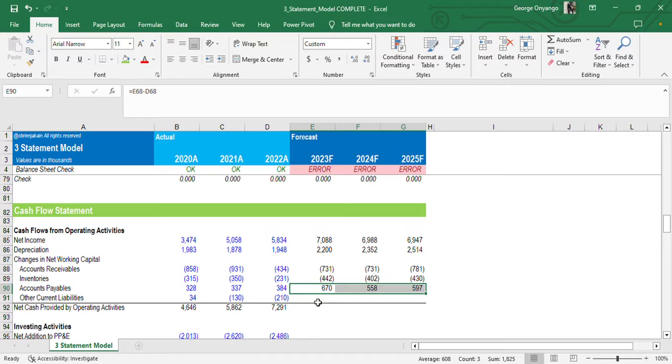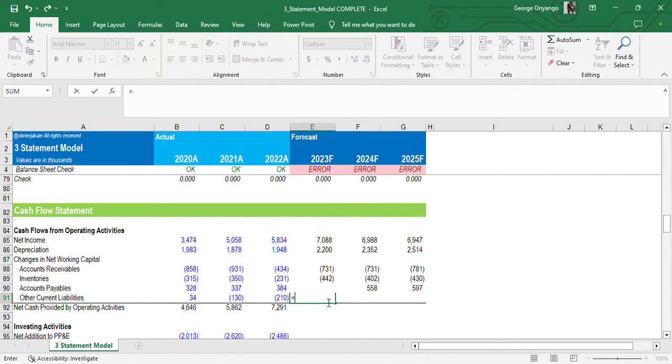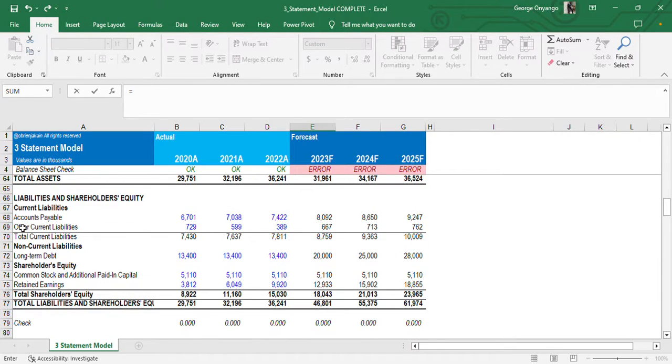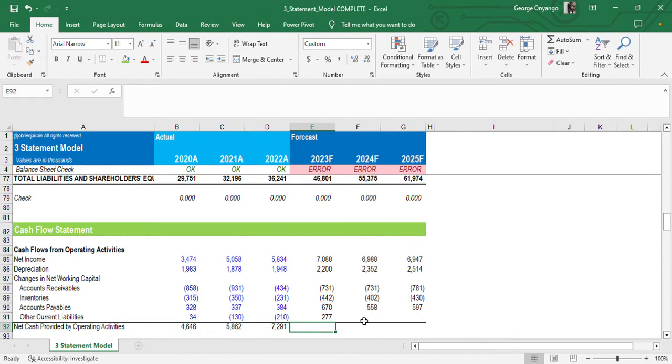Then we also have other current liabilities, the changes in other current liabilities. Other current liabilities, we get that from the balance sheet, which is going to be this minus that. We fill that right to get those values.